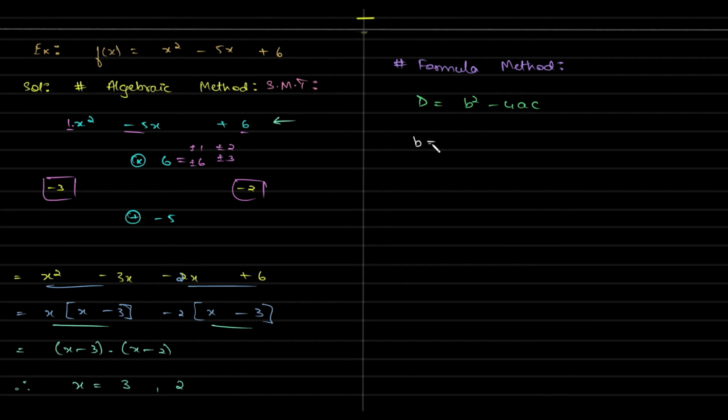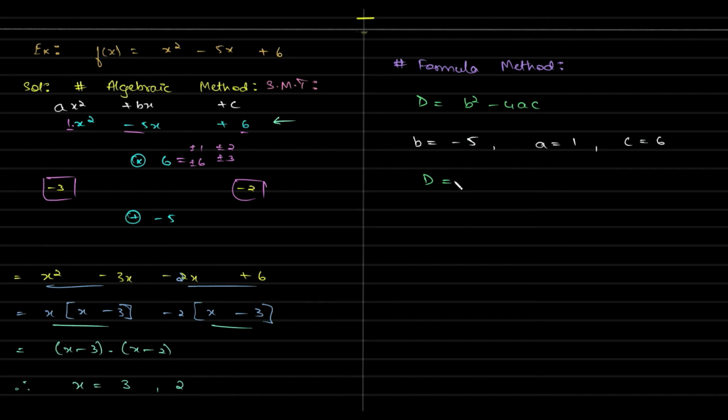So b is equal to -5 in this case, a is equal to 1, and c is equal to 6, right? It's as per the standard form, ax square plus bx plus c. Again, we'll be doing this in detail, need not worry that I'm going fast.